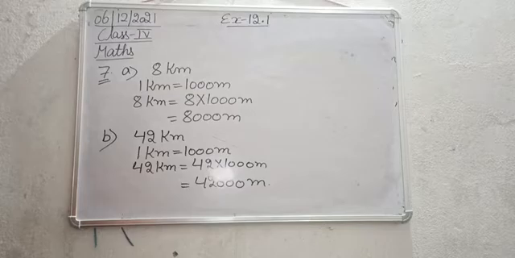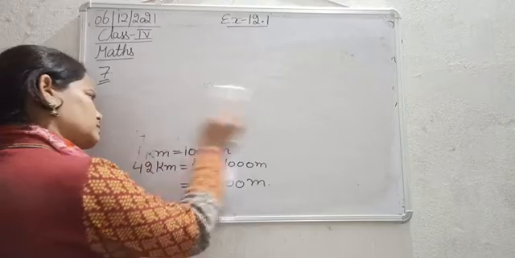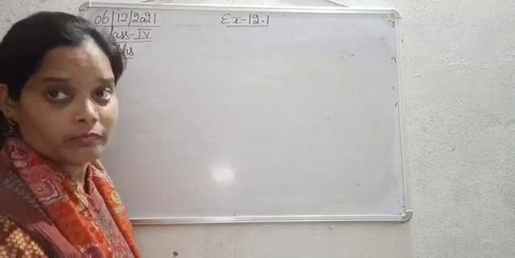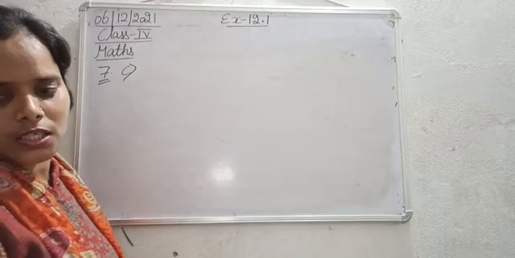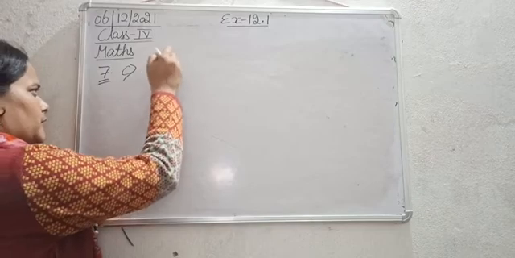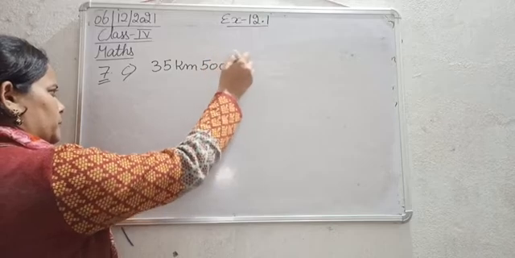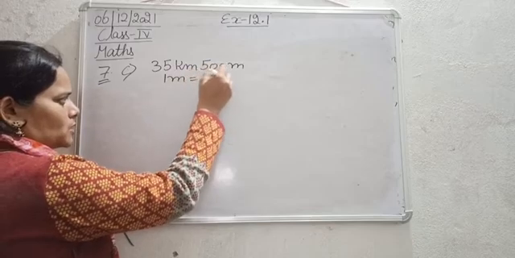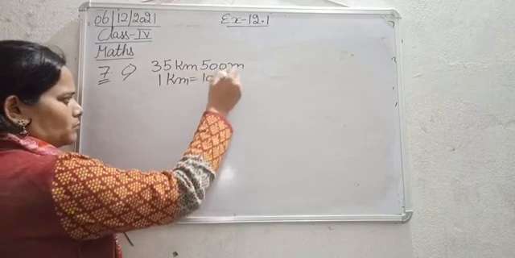Okay. Moving next to the C part of question number 7, that is to convert into meter. 35 kilometer, 500 meter. Again, 1 kilometer is equal to 1000 meter.